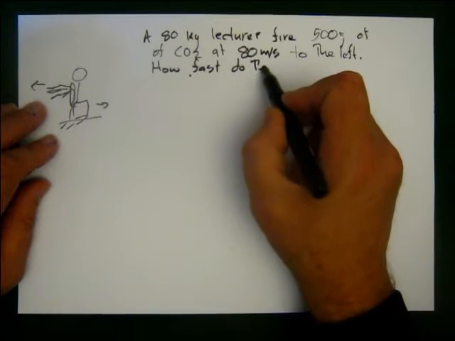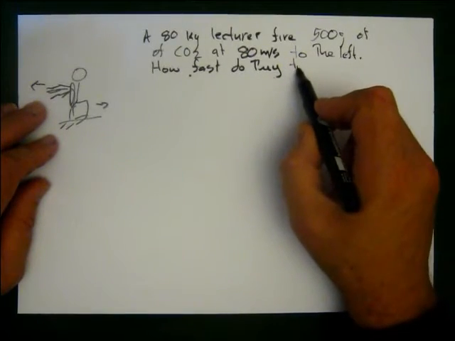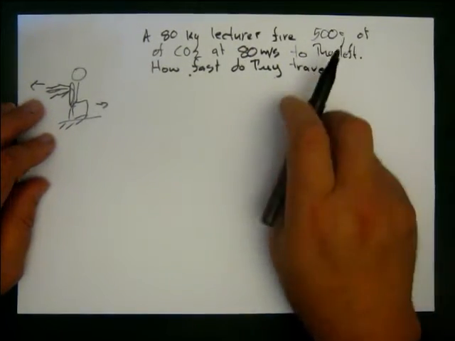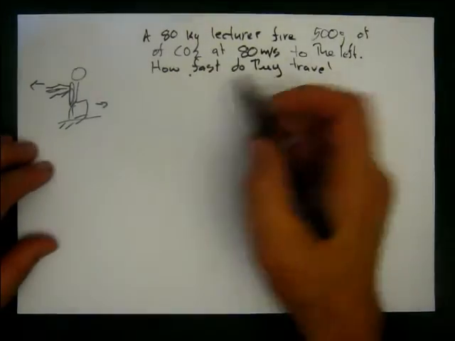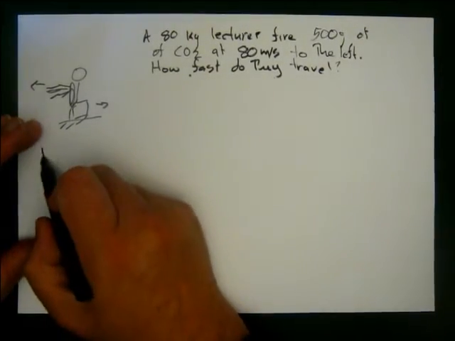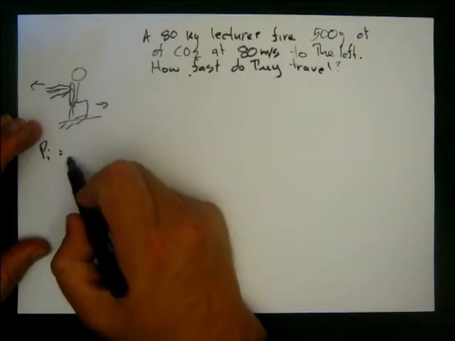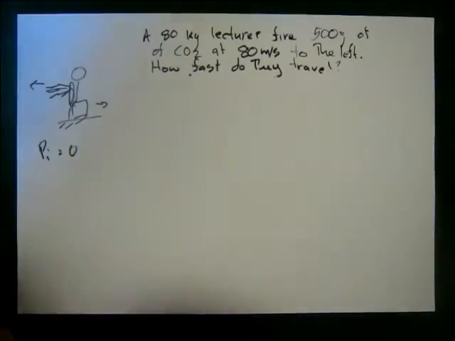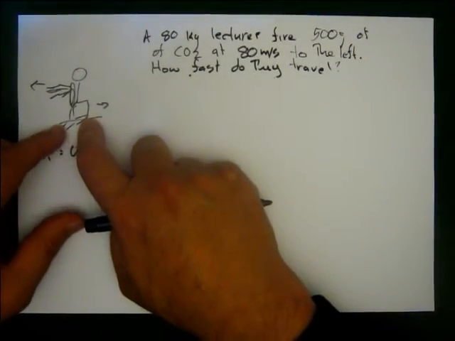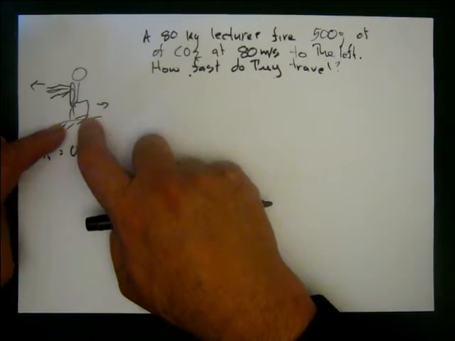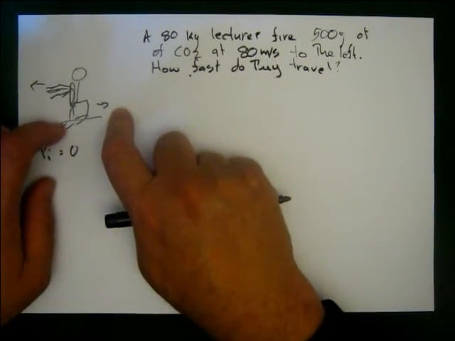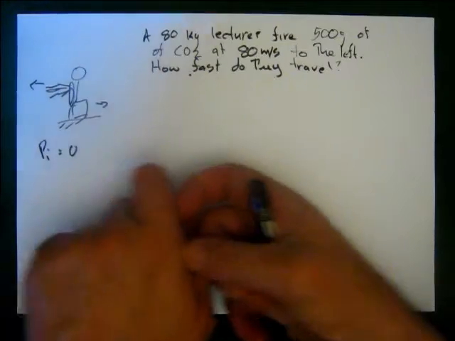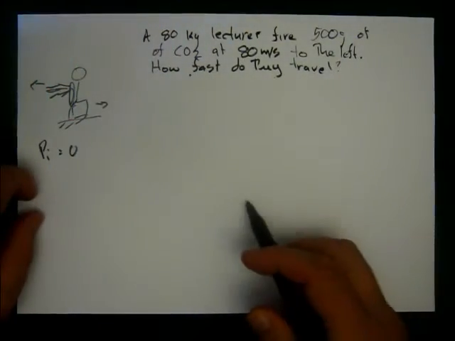So basically what happens here is the initial momentum, P initial, equals 0. There's some lecturer like me just sitting on the chair, nothing's moving, so momentum is equal to 0. Then I pull out the fire extinguisher and try to take off.